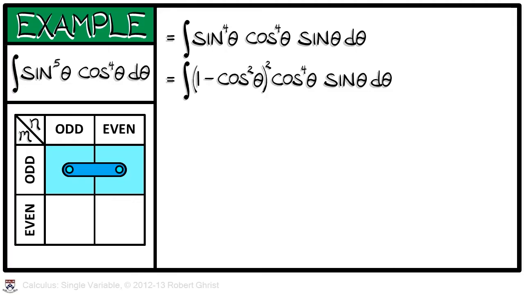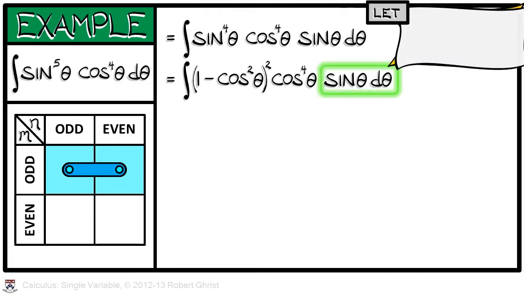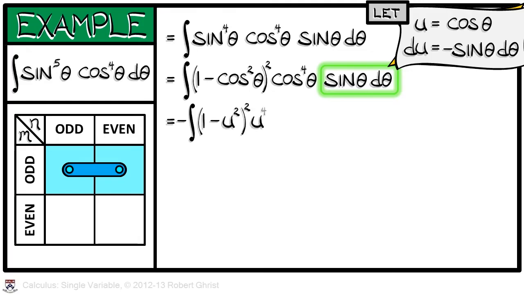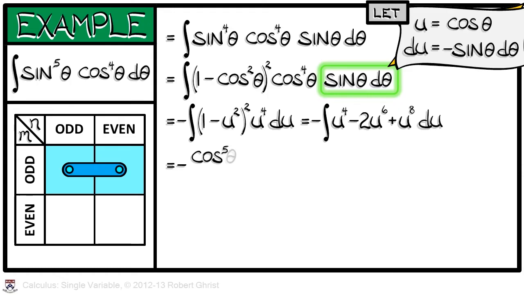Now you see that there is one power of sine left over, so that if we perform the substitution where u equals cosine theta, we have a copy of du, minus sine theta d theta, sitting in the integrand. And we wind up getting minus the integral of quantity 1 minus u squared, squared, times u to the 4th du. This polynomial can be expanded out and then easily integrated.